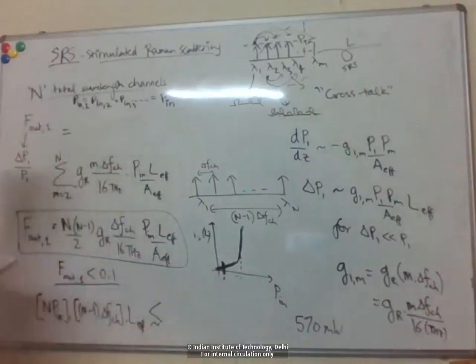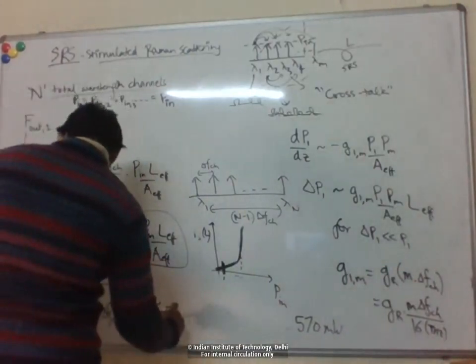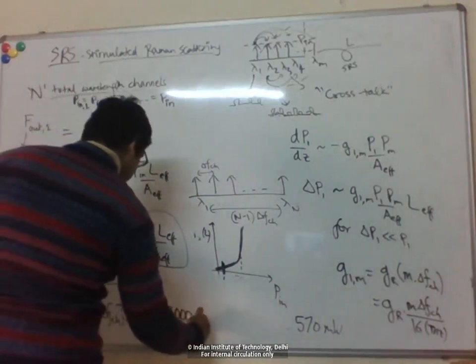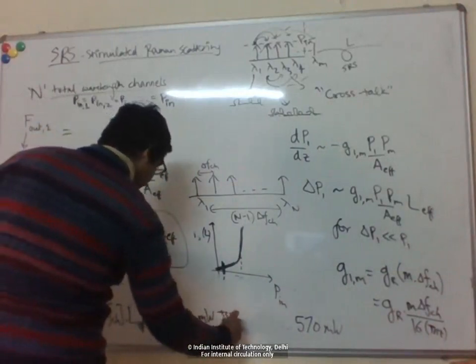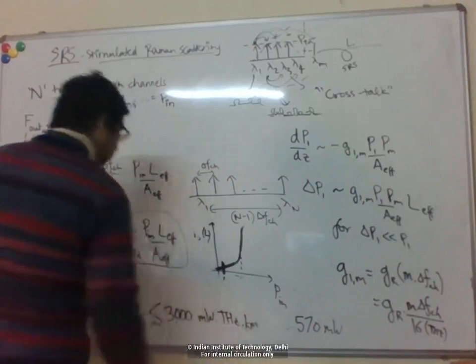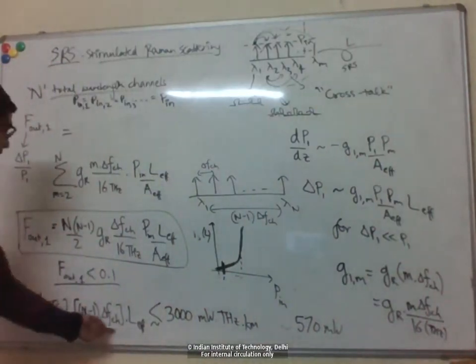So to satisfy this condition of the fan out being less than 10%, basically this number has to be less than 3000 milliwatt terahertz kilometer. Okay.